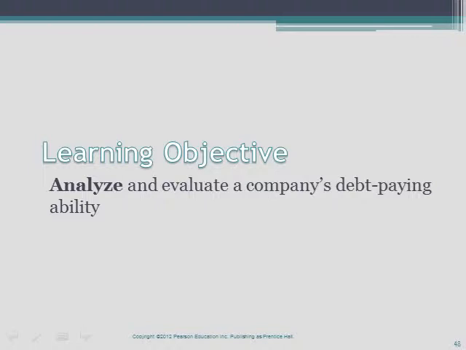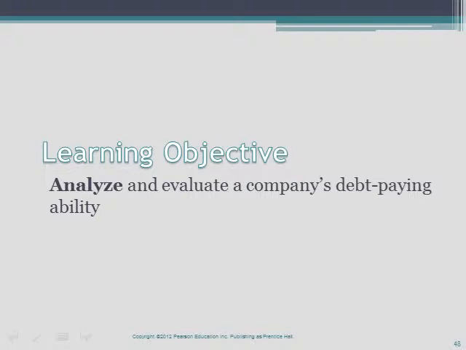So now we want to talk about analyzing and evaluating a company's debt paying ability. A bank considering lending money must predict whether the borrower can repay the loan. If the borrower already has a lot of debt, the probability of repayment may be low. If the borrower owes a little, the loan may go through. To analyze a company's financial position, decision makers use data and ratios computed from various items in the financial statements.